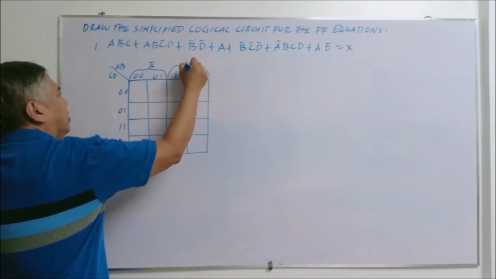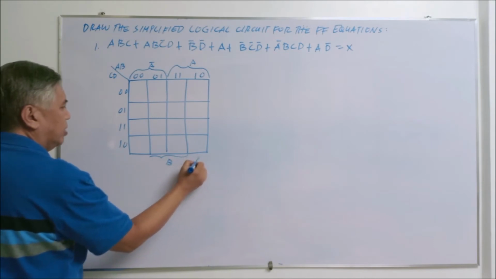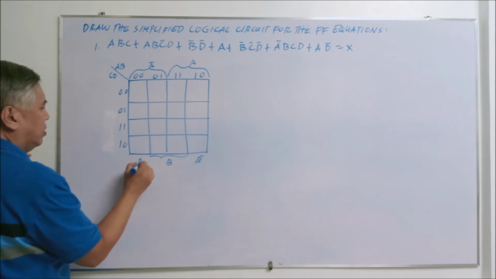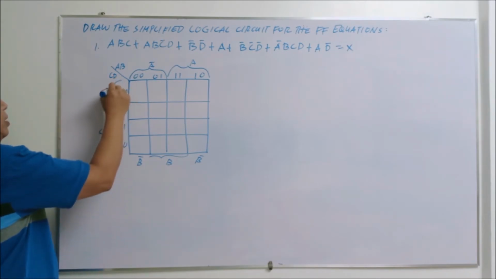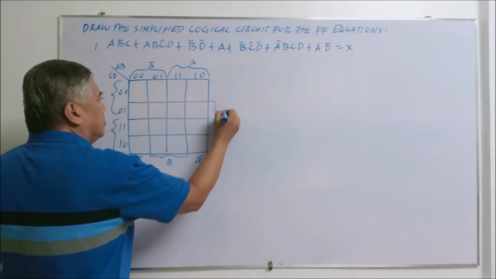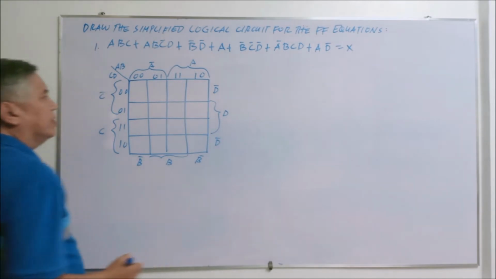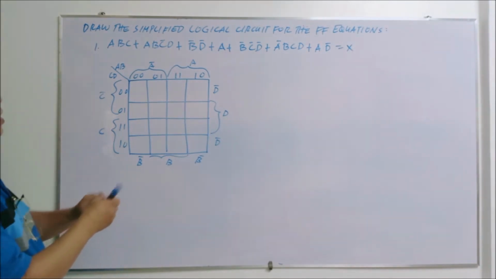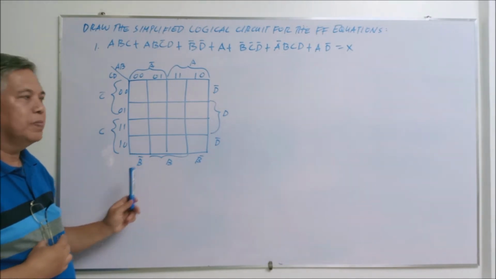This area here belongs to A. This belongs to B, and this one here is B bar and B bar. Then you have C, C bar. And then you have D, D bar, D bar. Okay? Then we locate these terms of the equation into our map.